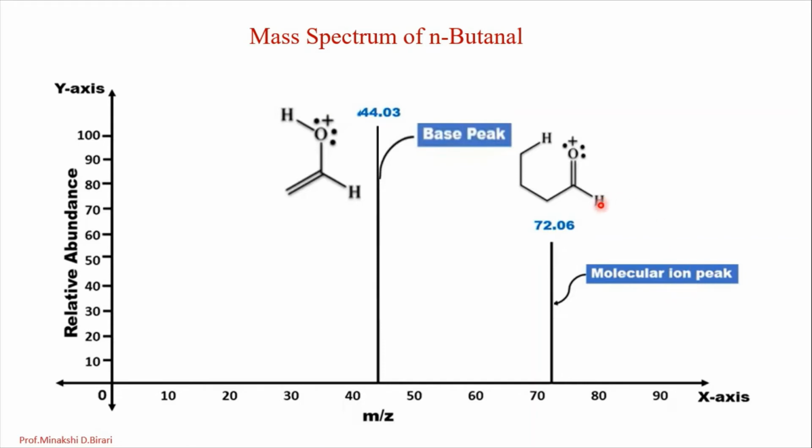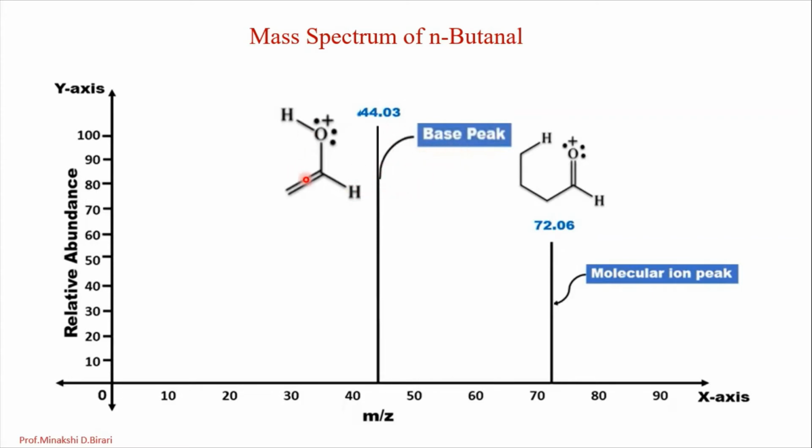In case of butanal, we get the molecular ion peak at mass to charge ratio 72.06, and the base peak is observed at 44.03. We know that the base peak is the most abundant peak observed.